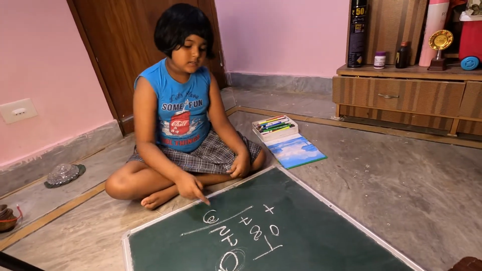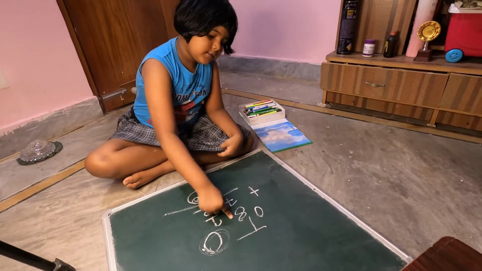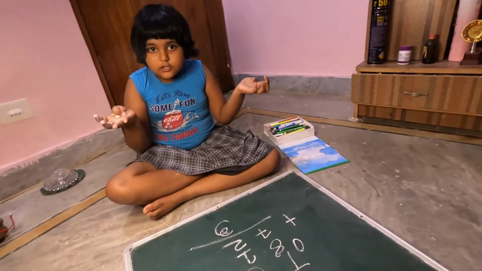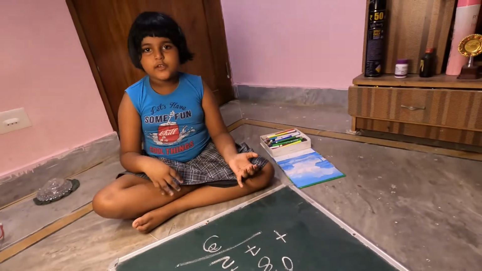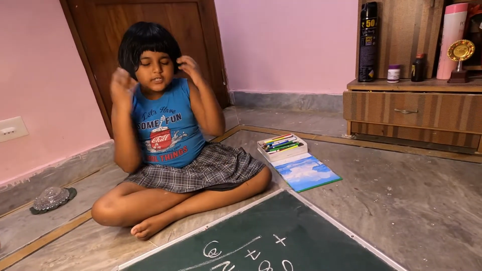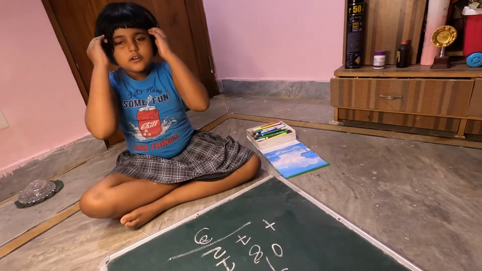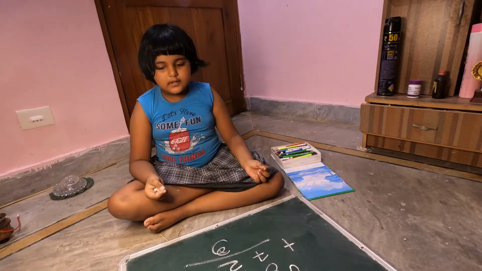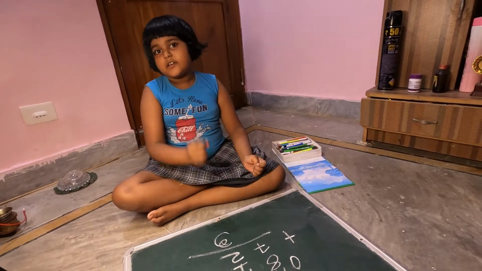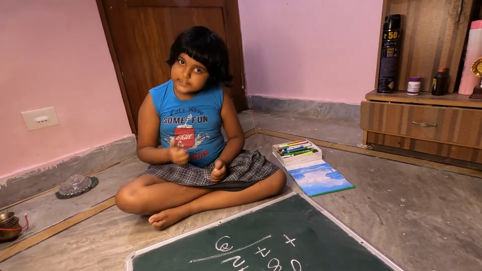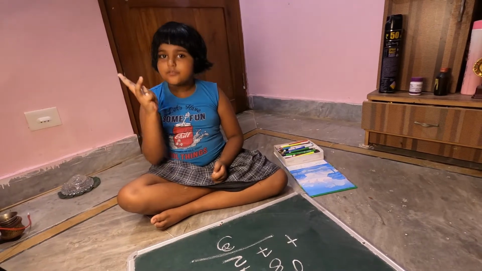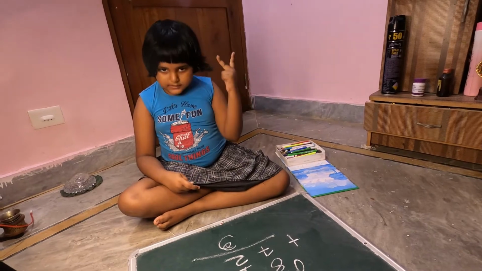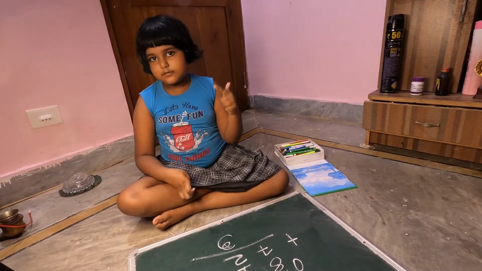Then this is 8 plus 7. What do you know? You don't know the 8 plus 7 answer. You need to keep the 8 in your mind. Then count the 7. 8, 9, 10, 11, 12, 13, 14, 15, 16, 14.